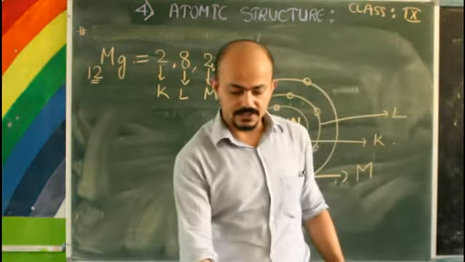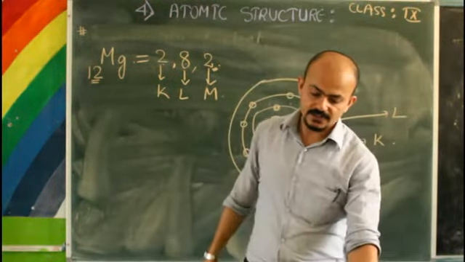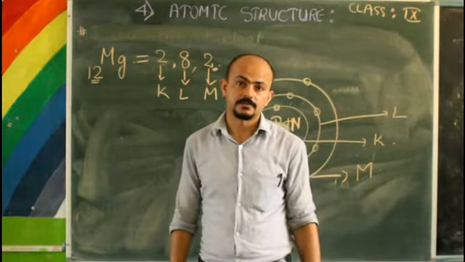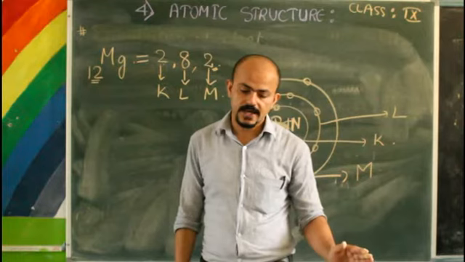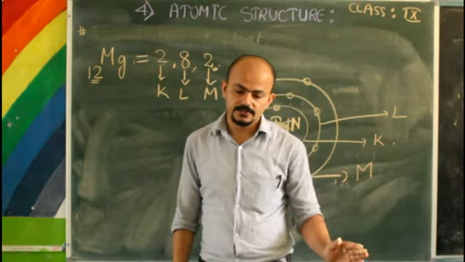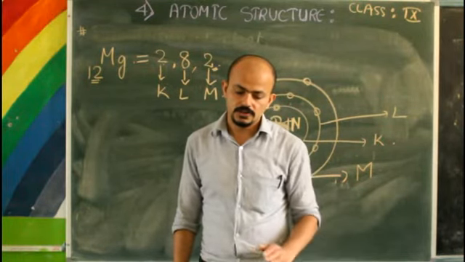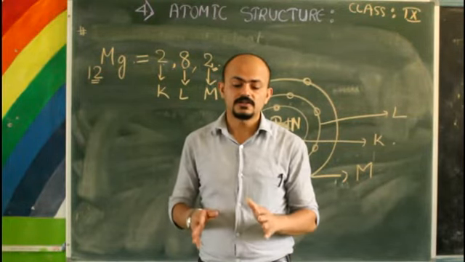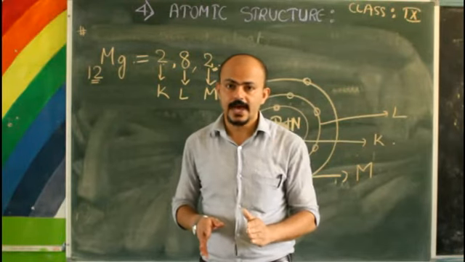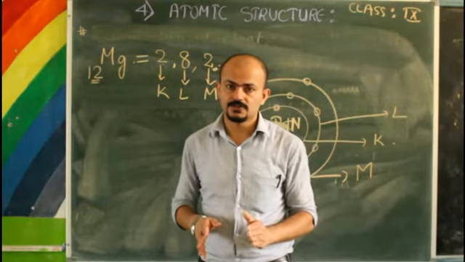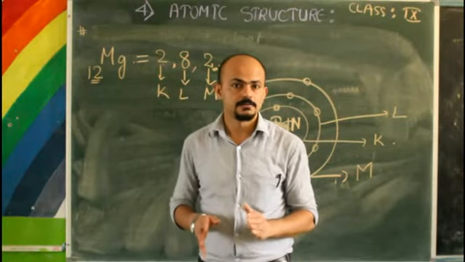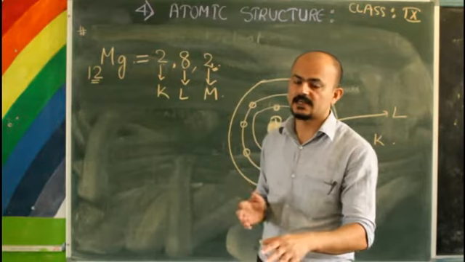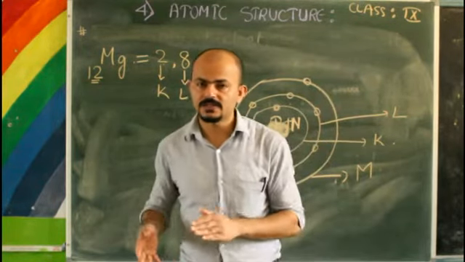Now on page number 61, you have the structure of atom from atomic number 1, that starts from hydrogen, till calcium. So I request you all to draw the structure of all these atoms which are on page number 61. Please don't forget that, because the questions will be asked from among these, as atomic numbers 1 to 20 are in your syllabus.